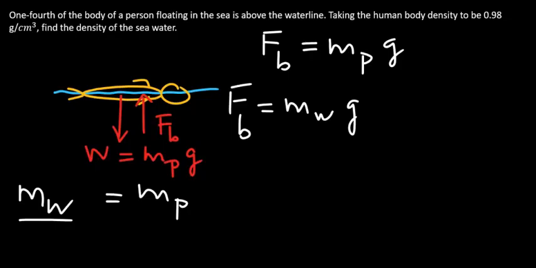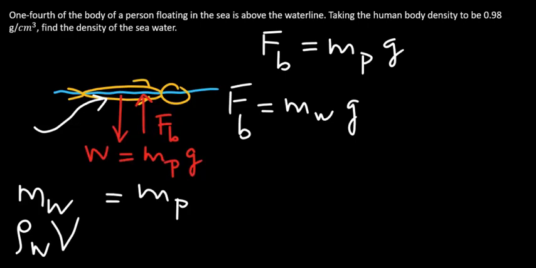So let's calculate that. The mass of the water displaced equals the density of water times the volume of the water displaced. However, the volume of the water displaced must be the same as the volume of the person beneath the water level.